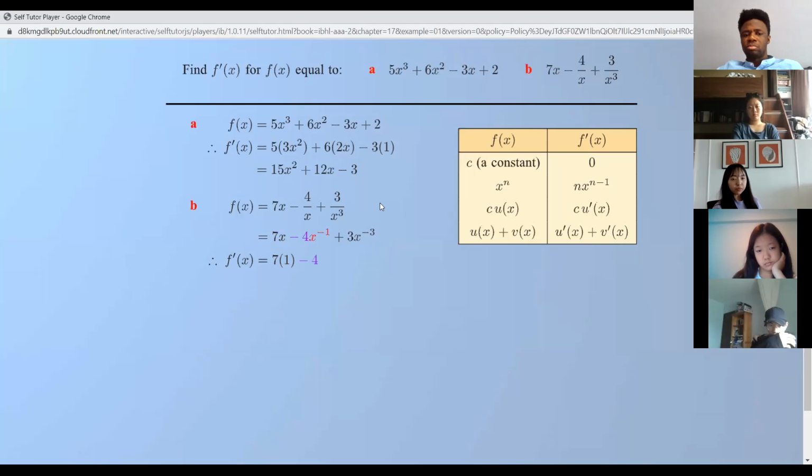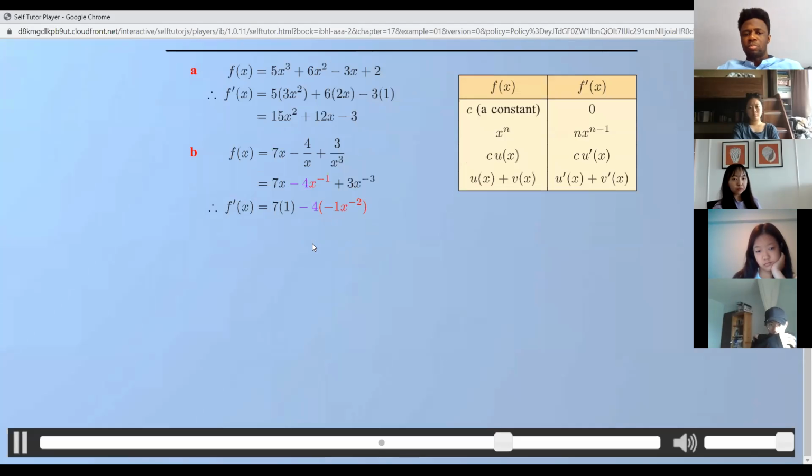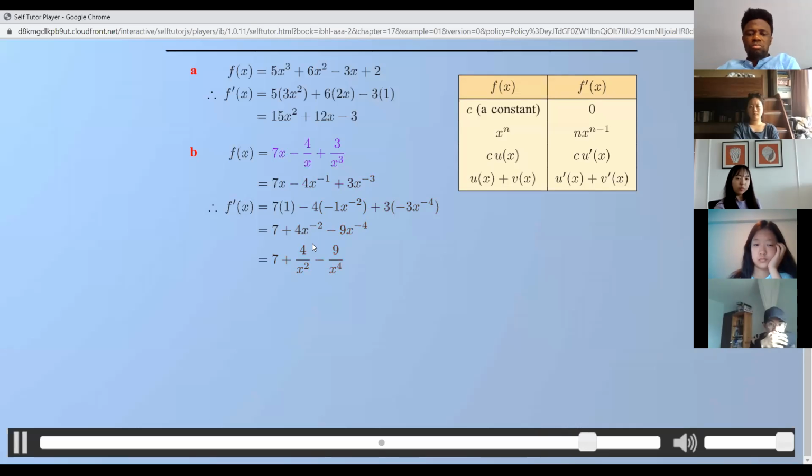To differentiate 3x to the minus 3, we write the 3 in front, and the derivative of x to the minus 3 is minus 3 times x to the minus 4. We expand the brackets, then remove the negative exponents by writing the terms as fractions. Look back at the terms you have differentiated. With practice, you should be able to make the differentiation process quicker by immediately multiplying the constant coefficient by the power and subtracting 1 from the power. This should allow you to skip the first step of the differentiation.